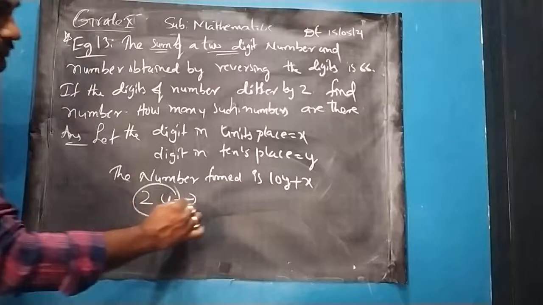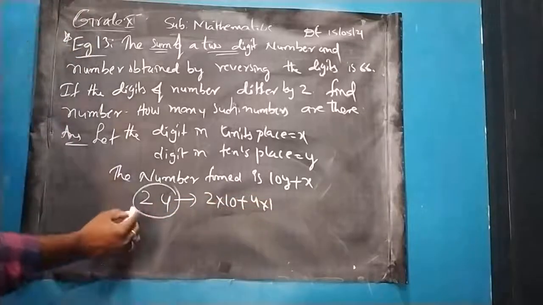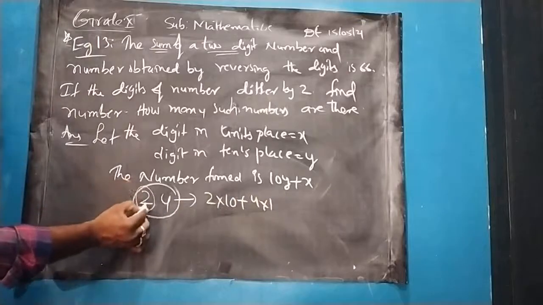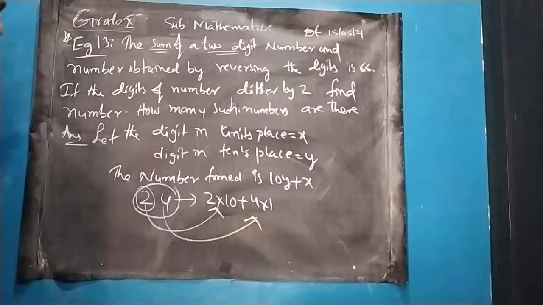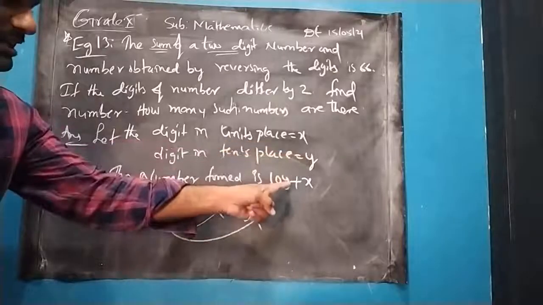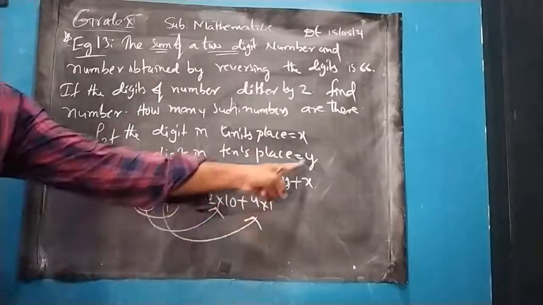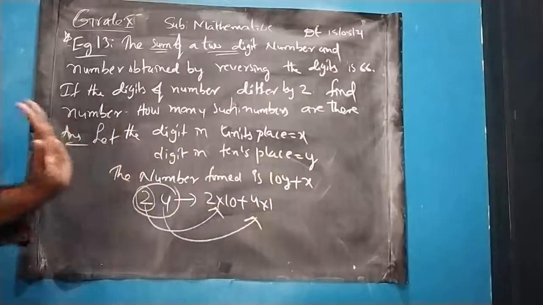How we will write 24? 2 into 10 plus 4 into 1. Why we will write like this? Because 2 is there in the tens place, I have to multiply with 10. 4 is there in the ones place, I have to multiply with 1. Same concept applies here. Since y is there in the tens place, I have to multiply with 10. Since x is there in the ones place, I have to multiply with 1. x ones are x. That's why I am not mentioning there 1.